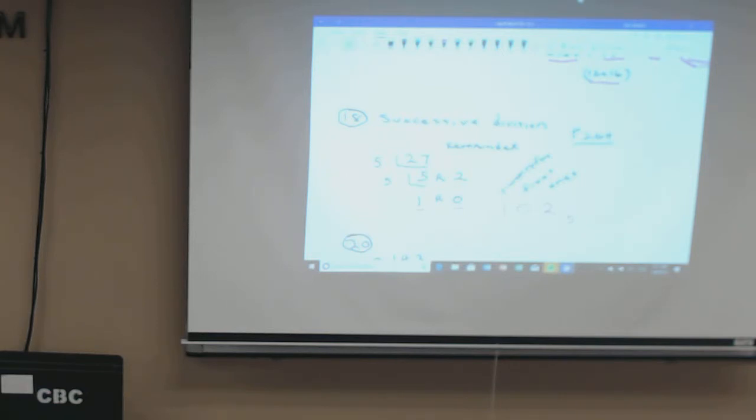For 17 through 32, they want you to use the method of successive division. I've got it written out here, but I think I'll do it again in red.